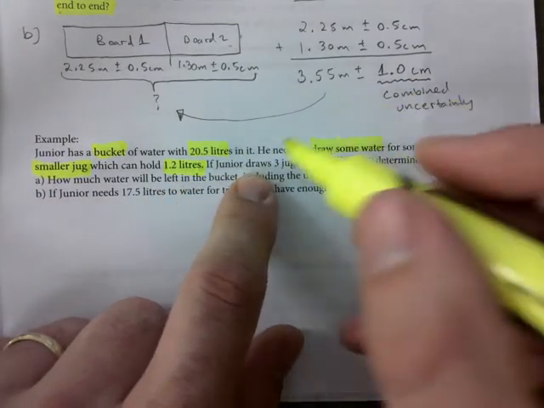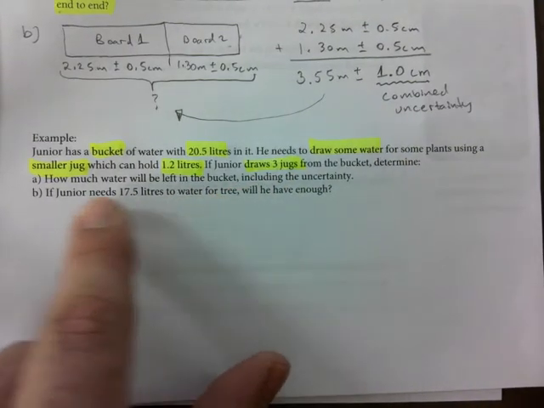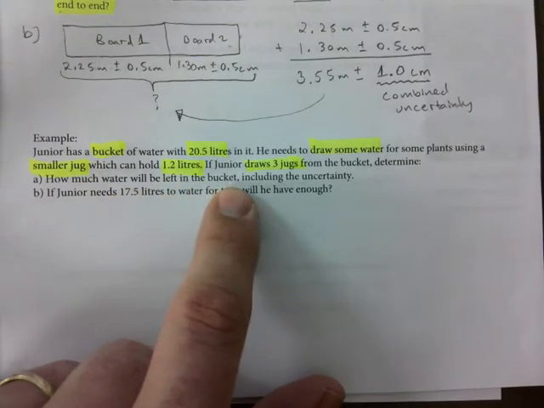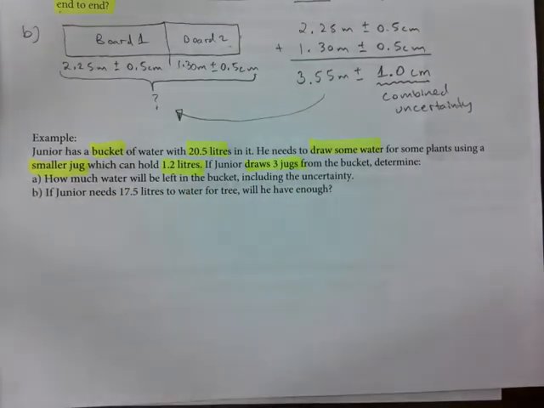If Junior draws 3 jugs from the big bucket, determine how much water will be left in the bucket, including the uncertainty. Let's just do A for now. Don't worry about B. It's not that complicated as long as you do it step by step. So let's do this.